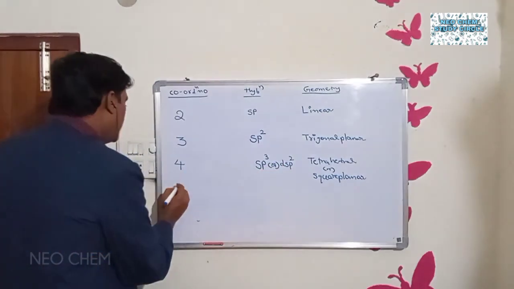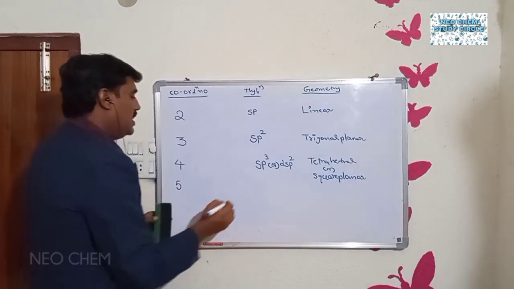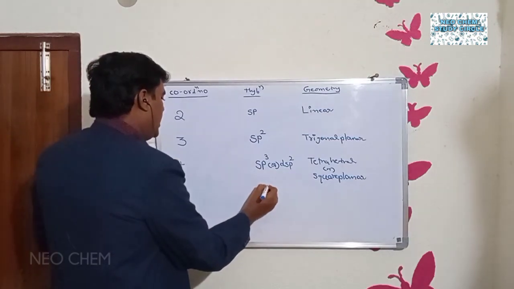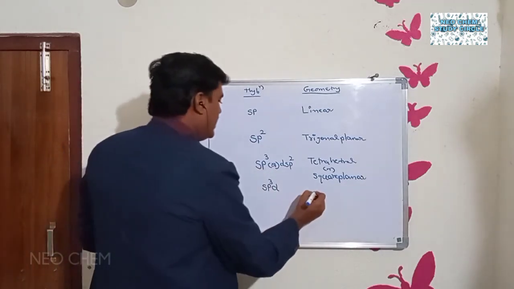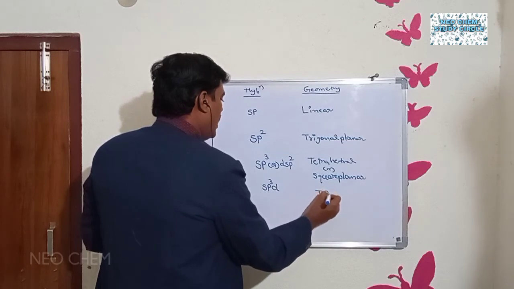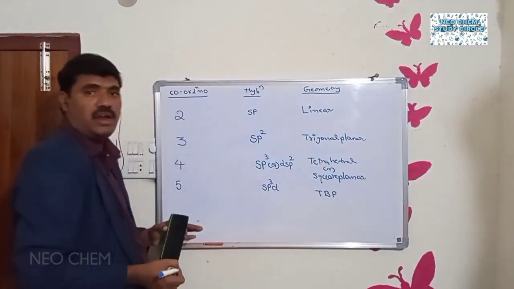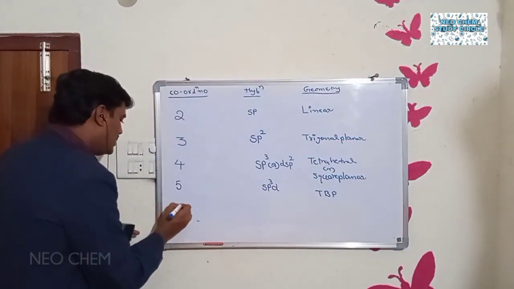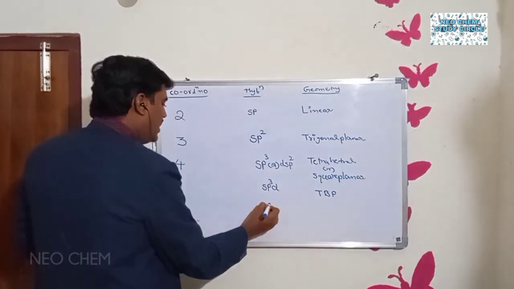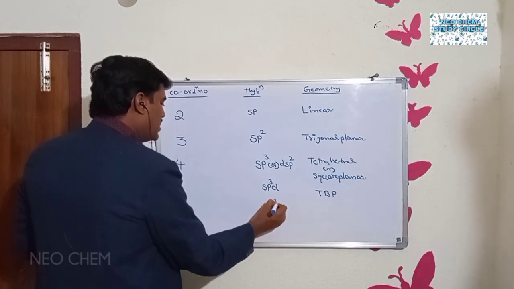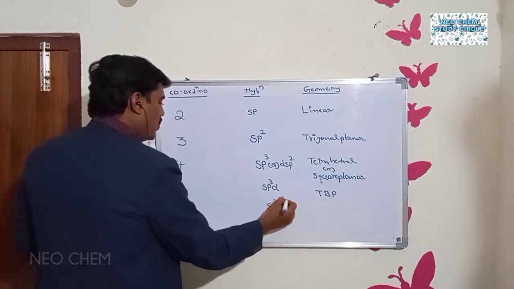Next, if the coordination number is 5, then the hybridization containing 5 orbitals is sp3d. So the geometry is trigonal bipyramidal. Okay. If the coordination number is 6, then the hybridization containing 6 orbitals is sp3d2.